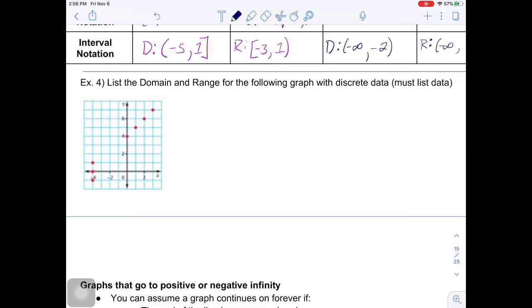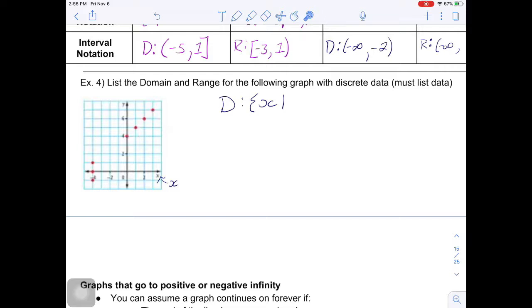So here, let's talk about our domain. And what is our domain? Well, you can see that this is telling us this is x. You might not be able to see that, but this says x. So my domain, which is always my horizontal axis, is now labeled as x. And what does x include?